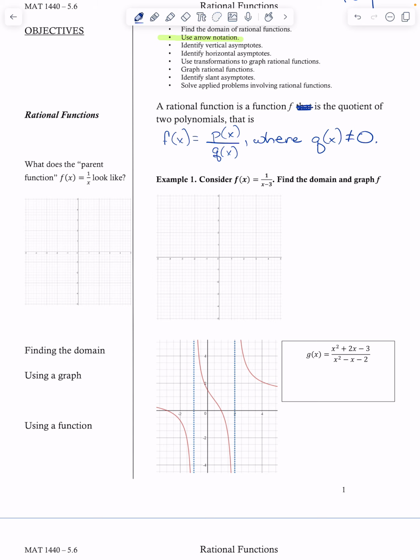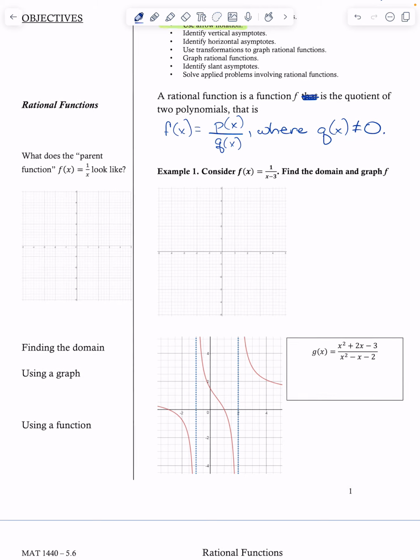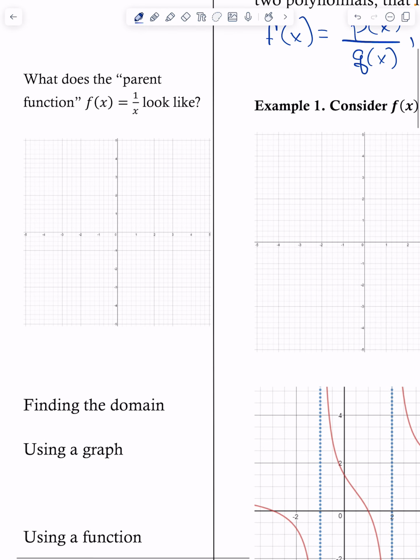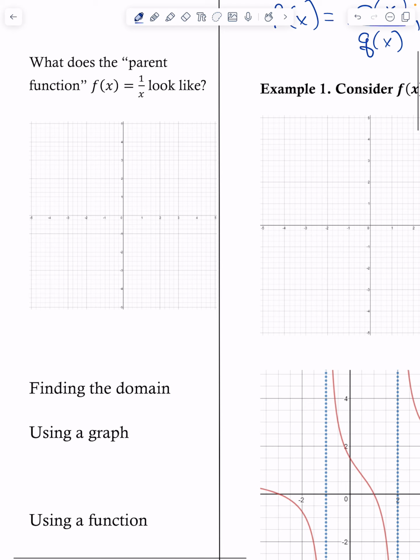In the meantime, let's pop over to the left-hand column here and talk about our parent function. If you're not super comfortable with the function, then make a table. And we're going to start with 0.